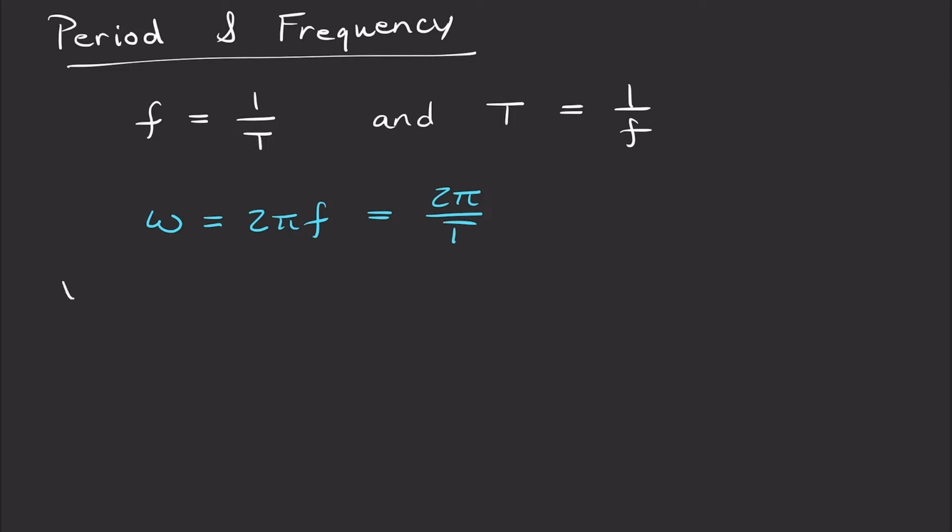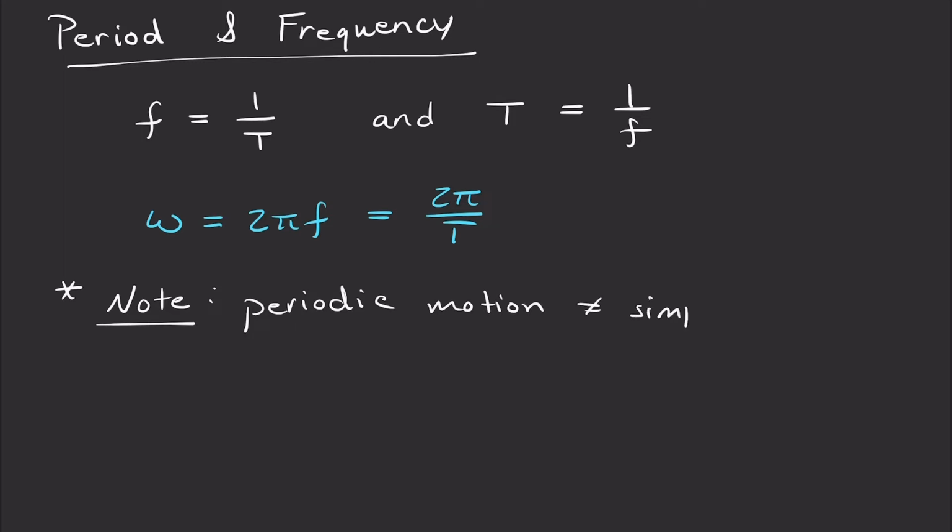And so I just want to make a quick note before we move on that periodic motion is not necessarily simple harmonic. So we've already seen that. Simple harmonic motion is a special case.